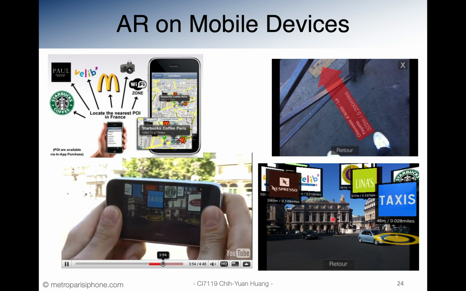However, as you can see, that information just floats on your screen, and it has a certain direction. The photo or the video that your camera captured doesn't really interact with the virtual information that you have on your screen.